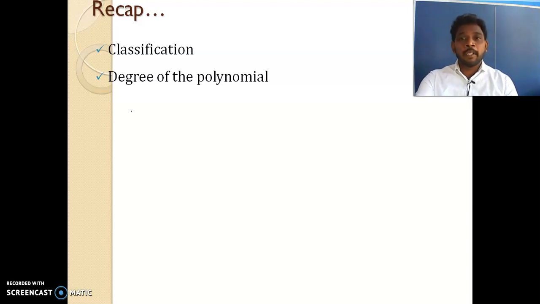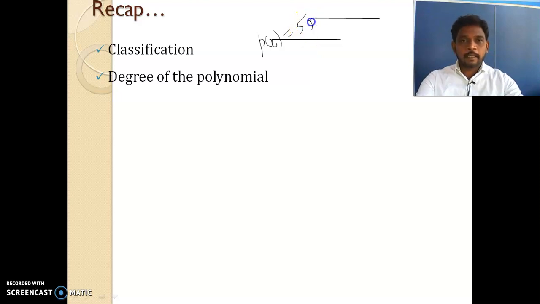What about according to the degree? Suppose a polynomial has only one constant term, for example p of x equal to 5. Is it a polynomial or not? Definitely it is a polynomial, although the variable is not shown and only the constant is there.